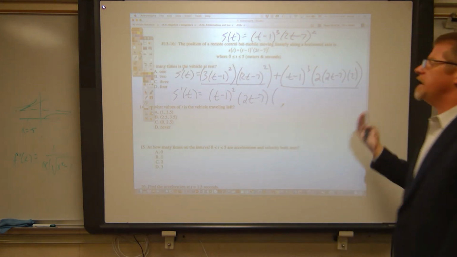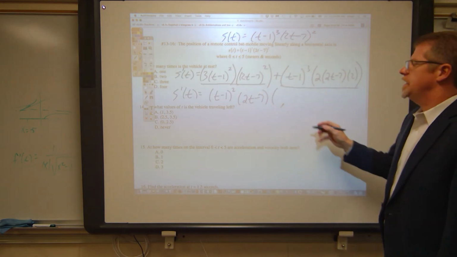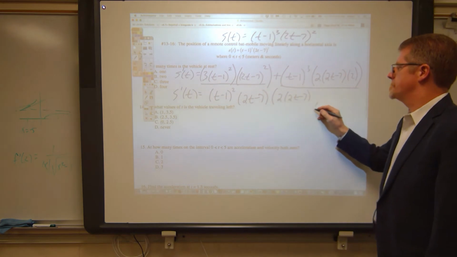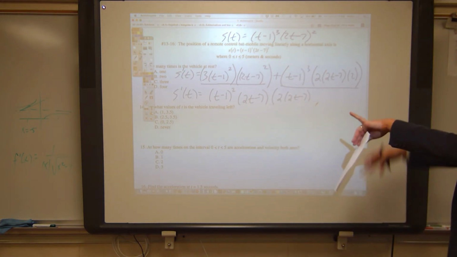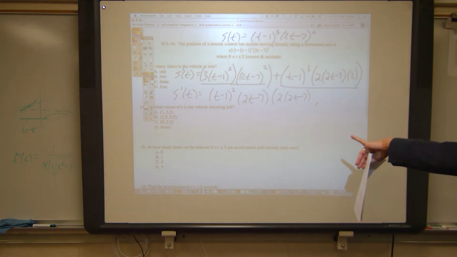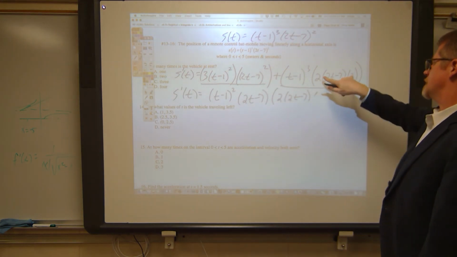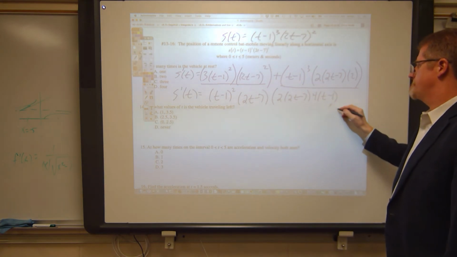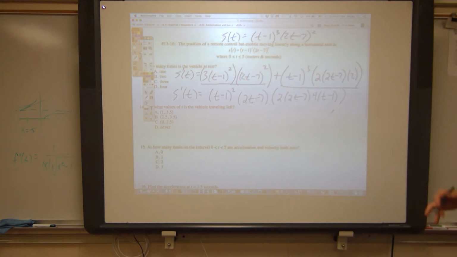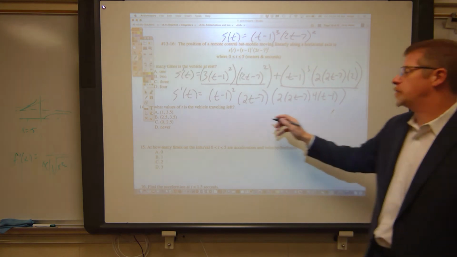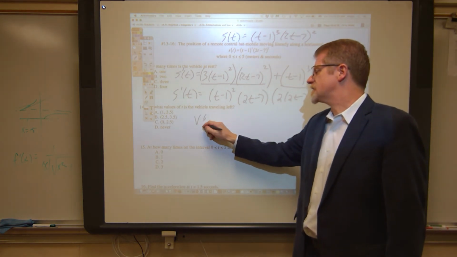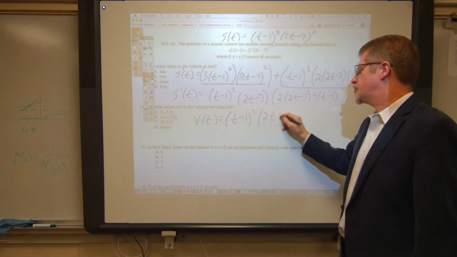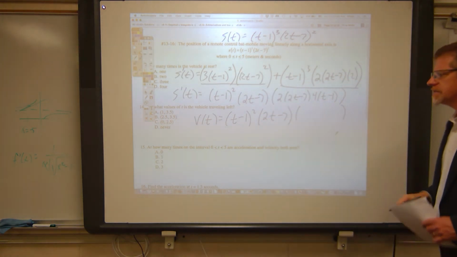So what remains when I factor those out is 2 times the quantity 2t minus 7, and over here is t minus 1 times, I guess that's a 4. So 4 times t minus 1. That's what remains in parentheses. I think it's a really good idea to simplify what's in parentheses to get velocity is t minus 1 squared times 2t minus 7 times, let's see if I can do this in my head.